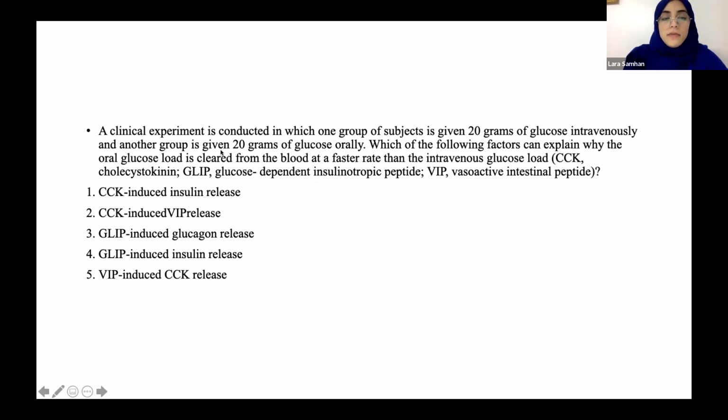So those patients took glucose, and we want something that decreases or maintains a normal glucose level in the body, and this will be aided by the insulin, not the glucagon, because as we know, glucagon increases glucose levels in the body. So the correct answer is something with insulin, and it's basically the GIP. So this is the correct answer, which is number 4.